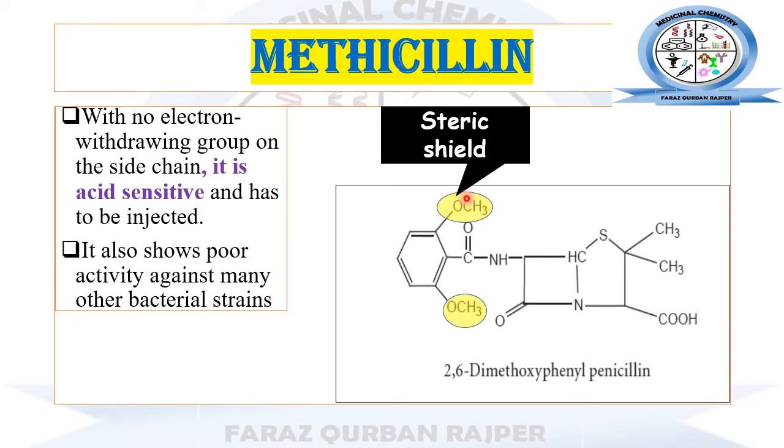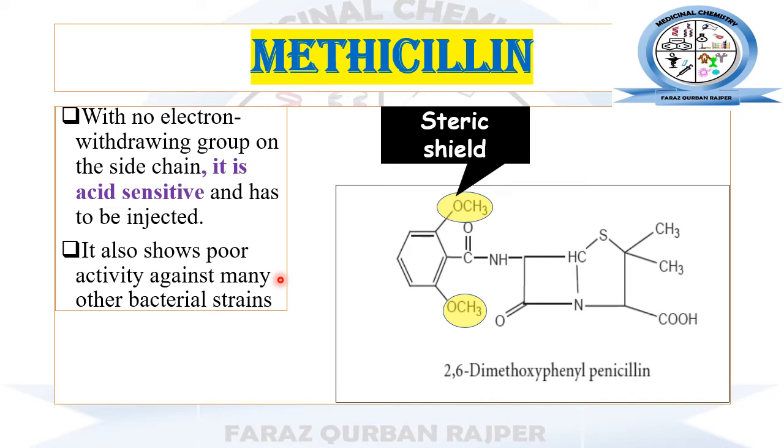If you carefully observe the methicillin acyl amino side chain, there is no electron withdrawing group. So methicillin will be acid sensitive, and that's why it shows poor activity against other bacterial strains.